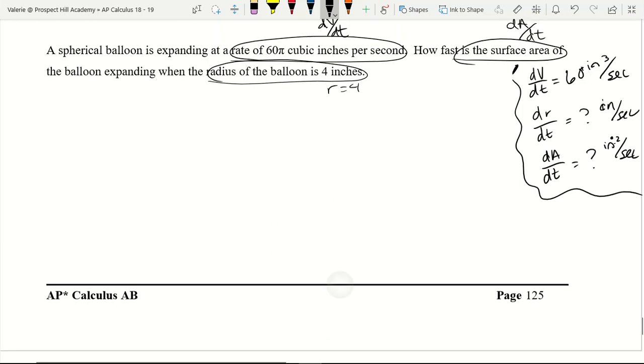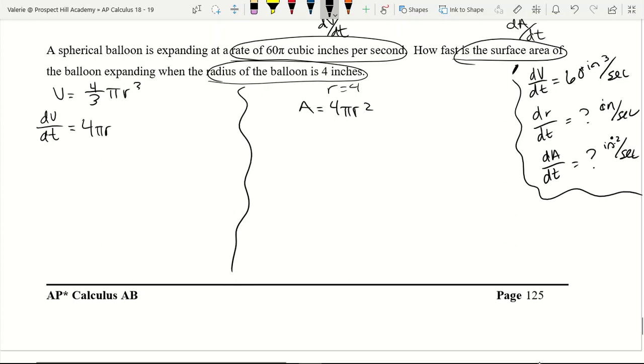So what we're going to do is set up both equations, the equation for volume and the equation for surface area of a sphere. The volume of a sphere is 4/3 pi r cubed. Surface area of a sphere is 4 pi r squared. We've already done the implicit differentiation for both of these, right? The derivative of volume will be dV dt equals 4 pi r squared dr dt.